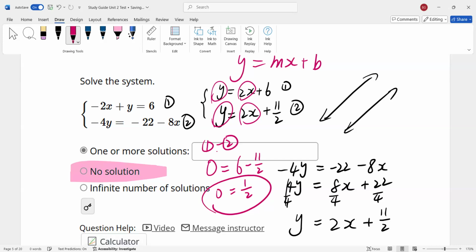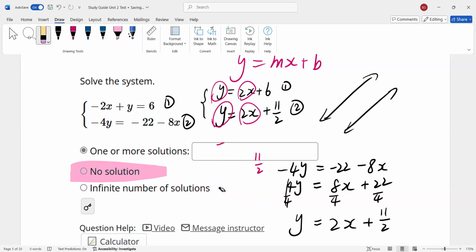That's not the equation I meant. I meant the negative 2x plus y equals 6. Why slope-intercept form? In the slope-intercept form, the variable y is isolated on the left side.